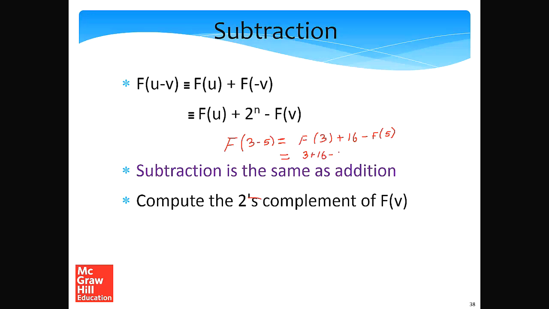And f of 5 is equal to 5. So this is equal to 14, which is equal to f of minus 2. This is exactly what we wanted to prove.